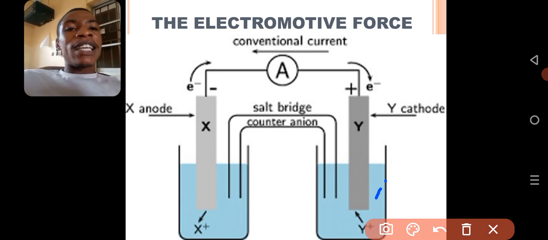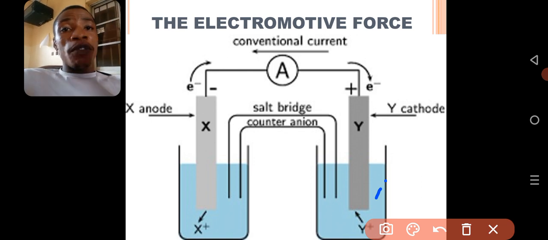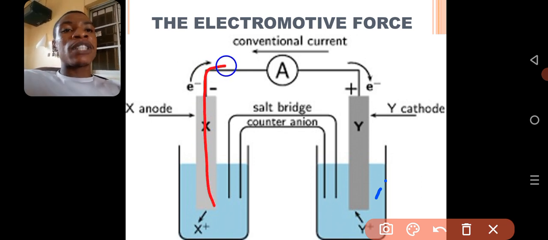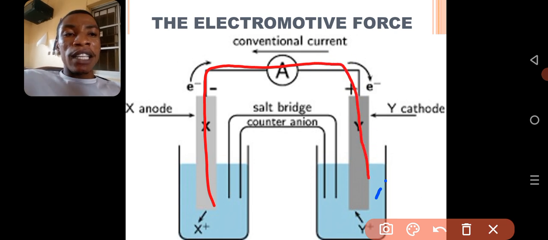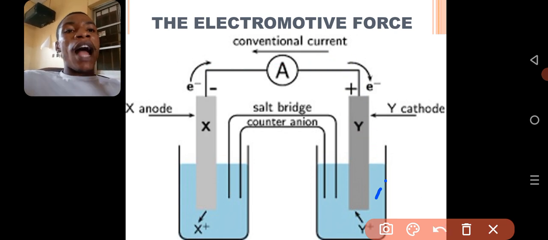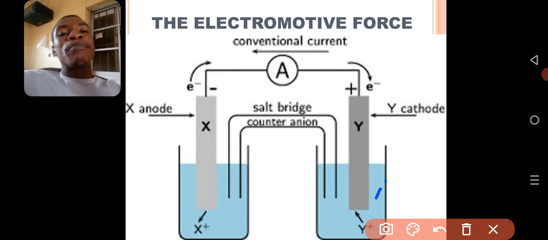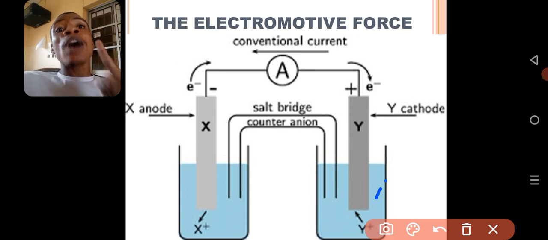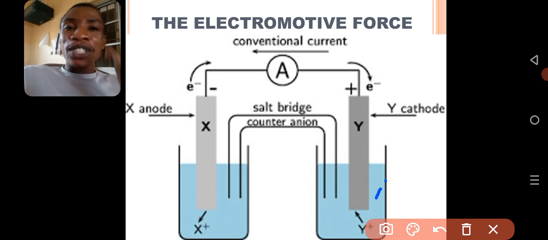So here now, you will see that the anode will dissolve and produce electron that will travel through the wire to the cathode. And remember that the salt bridge also will allow movement of ions between the two solutions so as to prevent charge separation that will stop the reaction from continuing.